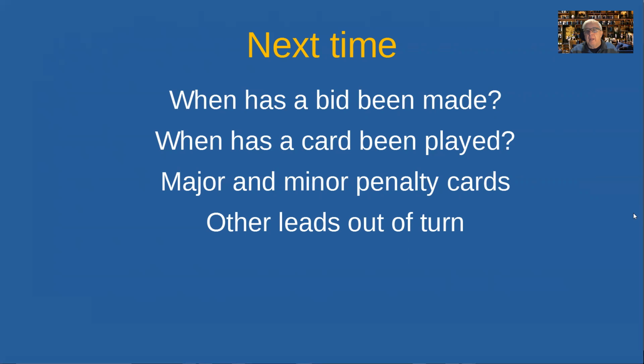And for anybody who's been playing online with undos, this will tell you when an undo can be allowed at a real bridge table. The card that was wrongly led, and when it was face up on the table, it's called a major penalty card. And we'll talk very quickly next time about what major and minor penalty cards are and the difference.